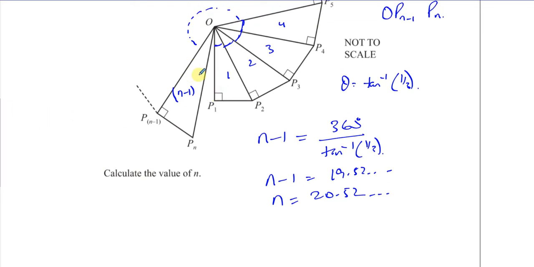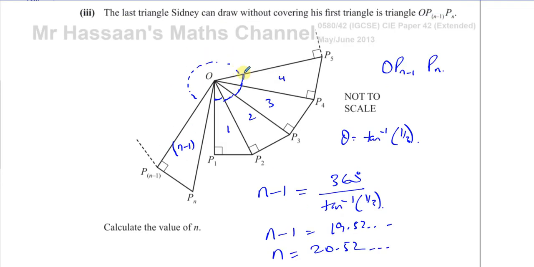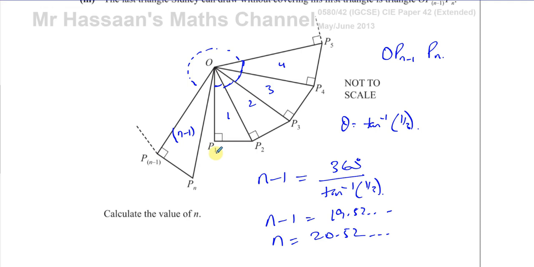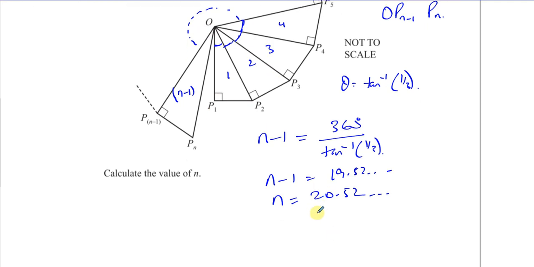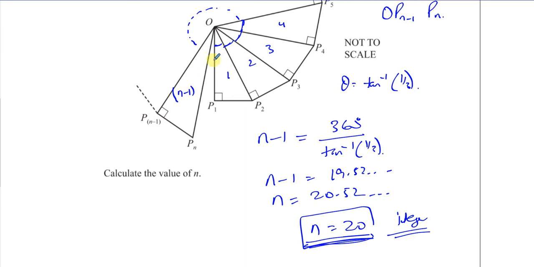What it's saying is you can have 20 triangles, and 0.52 of a triangle to fit in here. You want to see how many complete triangles he has to draw that will fit. So obviously that's going to be 20. So n is going to be 20, because it has to be an integer, a whole number of triangles. That's why there's that space here, like the extra part.